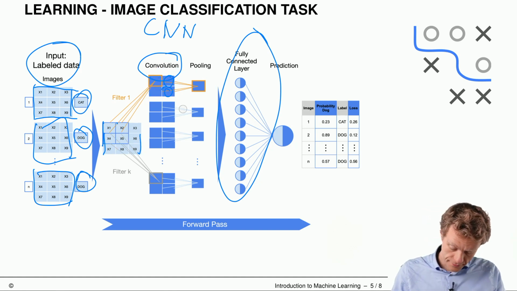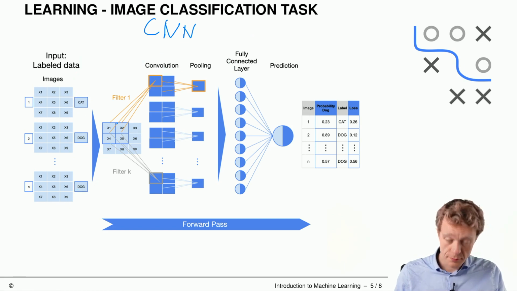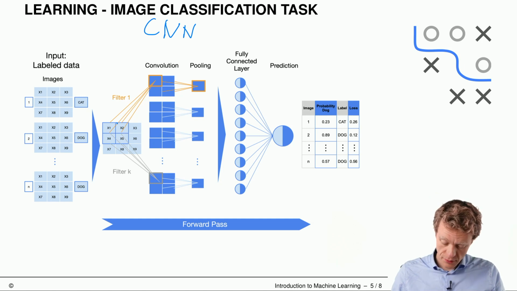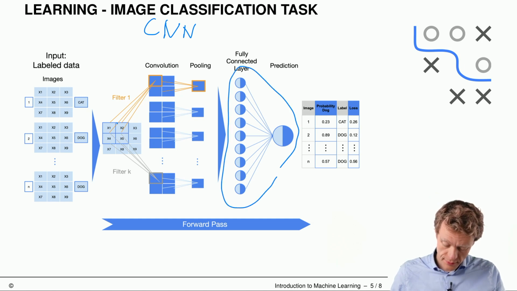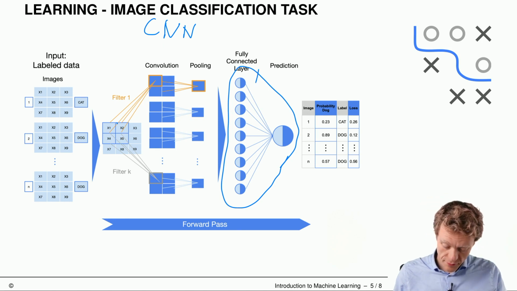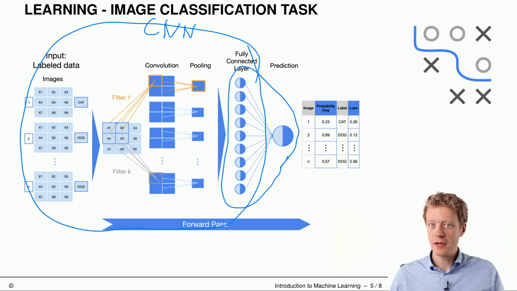If you did not really follow here, that's not that bad, because we will speak about this more in detail later. The important thing is that, as before, in the very end we have just a perceptron. We can say everything which happens before is just a fancy way of feature extraction.